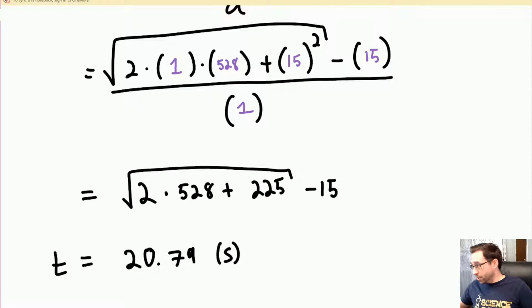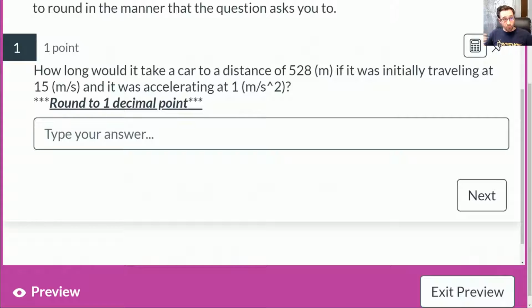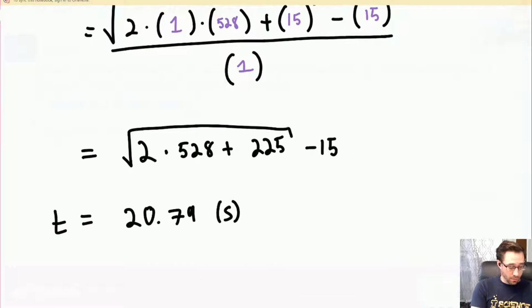Now, the question asked to round to the nearest one decimal point. So, if I've got 20.79, what would the answer be if I round to the nearest decimal? 20.8.